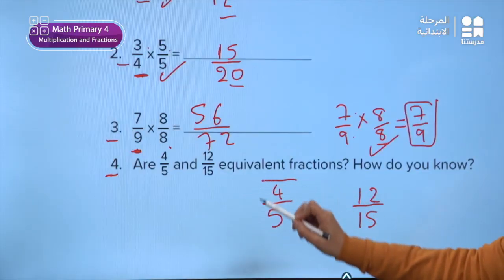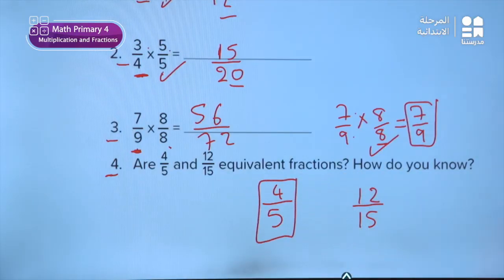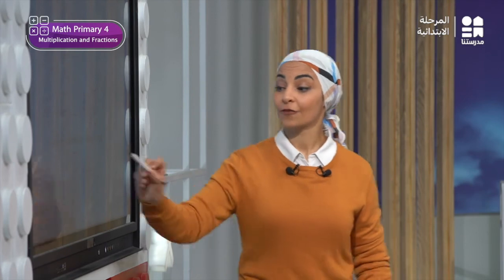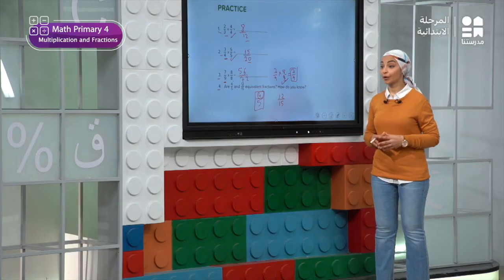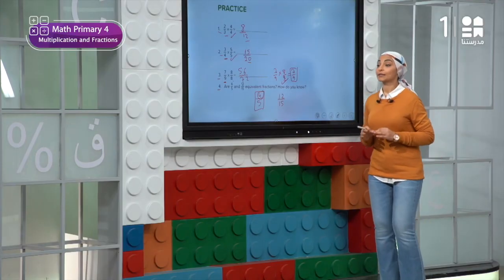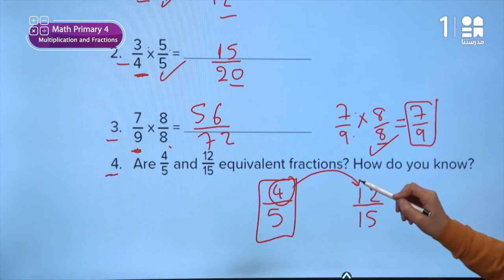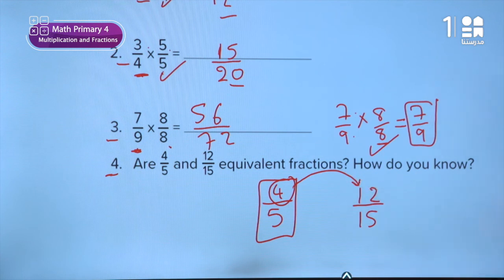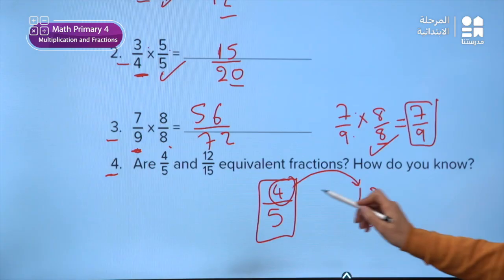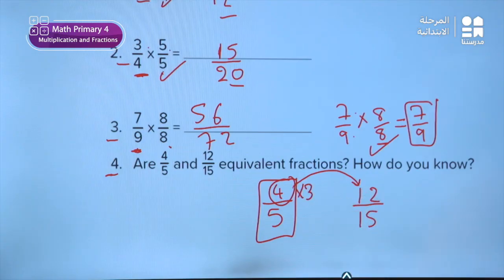First, we look at the first fraction, which is 4 over 5, and think about the numerator, which is 4. What do you think the number is? I will do 4 times what to make it 12. I want the 4 to become 12. I will do 4 times what to give me 12. Of course we all know that 4 times 3 equals 12.